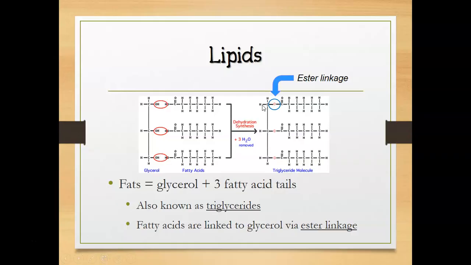And so, just like there was a bond type you needed to know in carbohydrates, there's one here as well. We make these covalent bonds here, but in your lipids, fats, and oils specifically, we talk about them as ester linkages. Glycosidic in your carbs, ester linkages are going on here in your lipids.